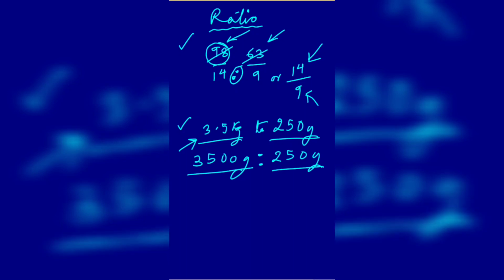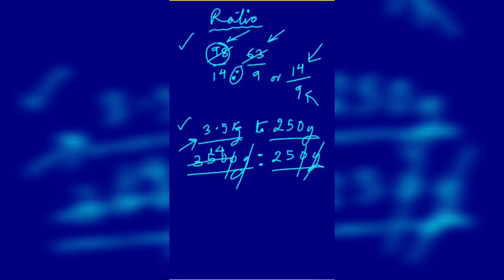So what we can do now is cancel g, both the units gone. Cancel 0 and 0, both sides divided by 10. 25 ones are 25, and 25 fours are 100, so 14 divided by 25, 25 ones.